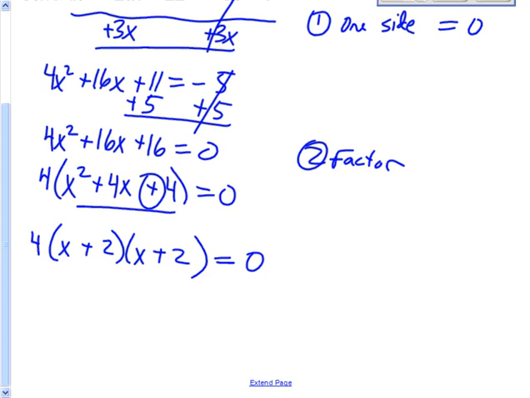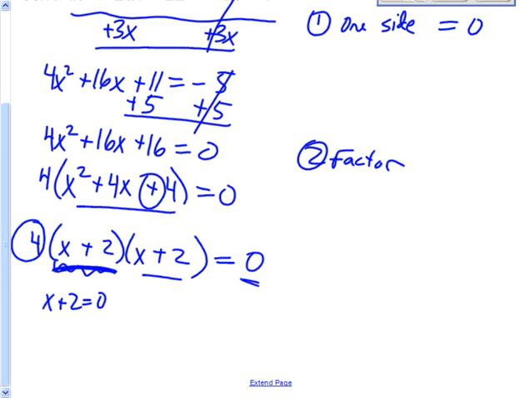Any of these factors that involve an x, I take and I set equal to 0. So x plus 2, if that is equal to 0, that would make the equation true because I would have 4 times a 0 times x plus 2, and guess what? Anything times that 0 would make it equal to 0.